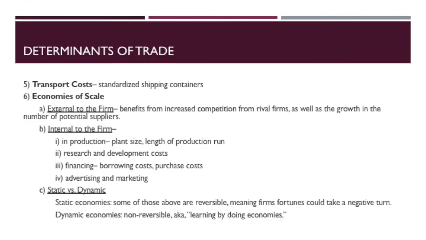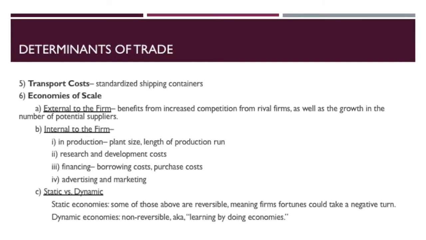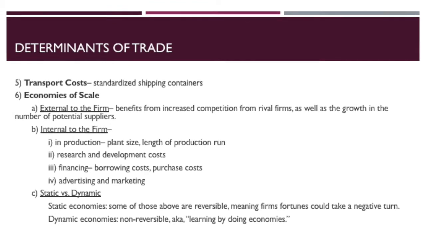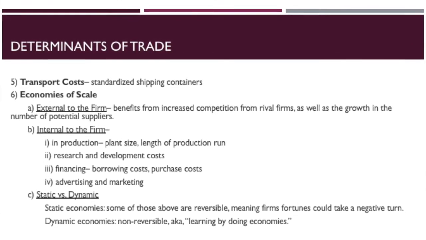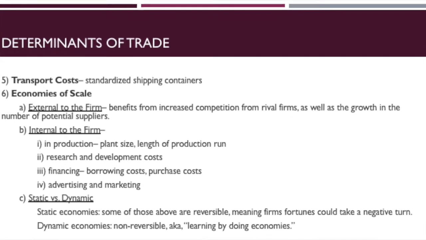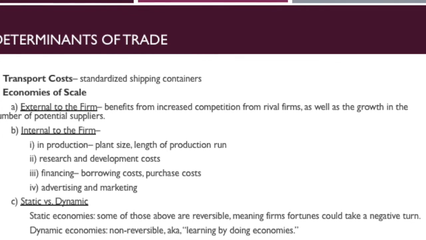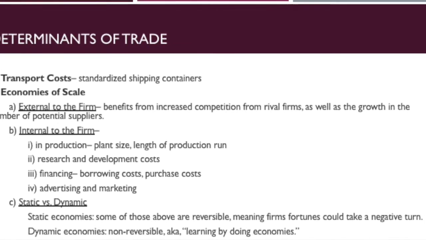Economies of scale. There's a whole bunch of them to consider here. Going back to technologies, as you perfect an infant technology and it becomes mature, you produce more things better, more efficiently. And so you realize a whole bunch of economies of scale because you're expanding that production.